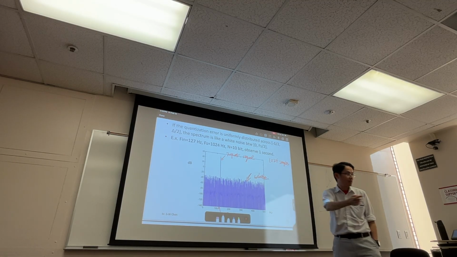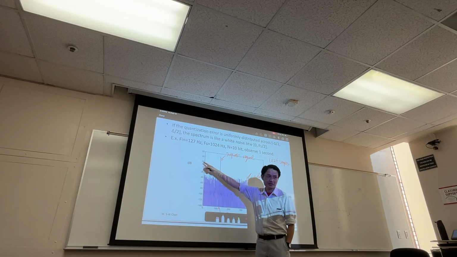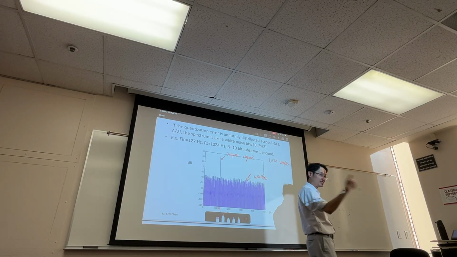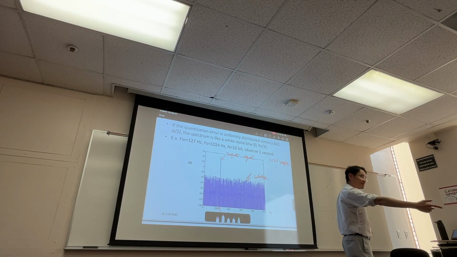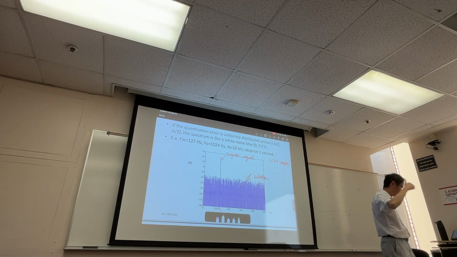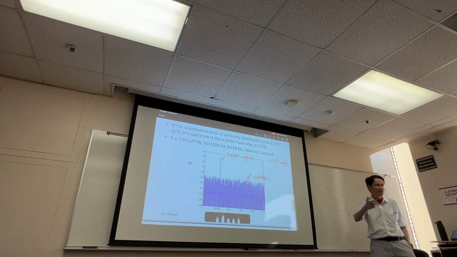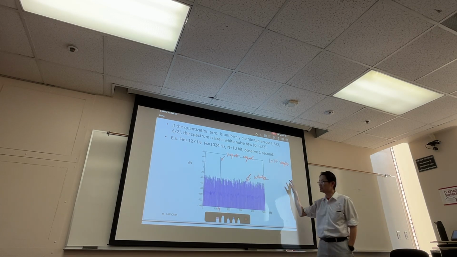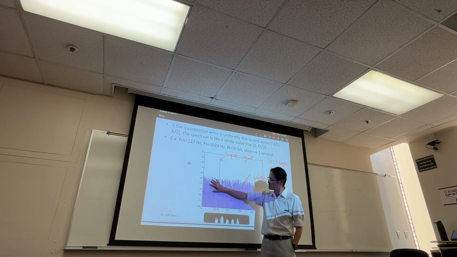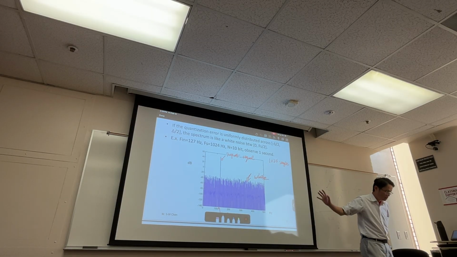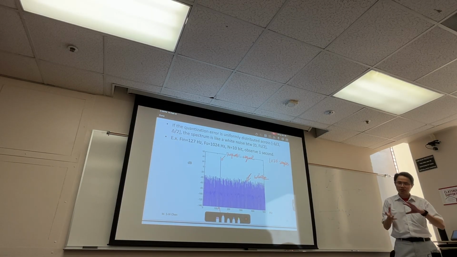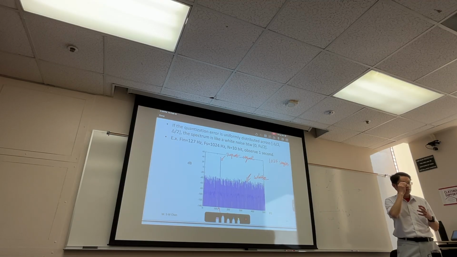Only at 0. Only at DC you have a tone. That's my signal and your noise. That's exactly right. Very good. Your signal and your noise are all at DC. You no longer see this white noise.